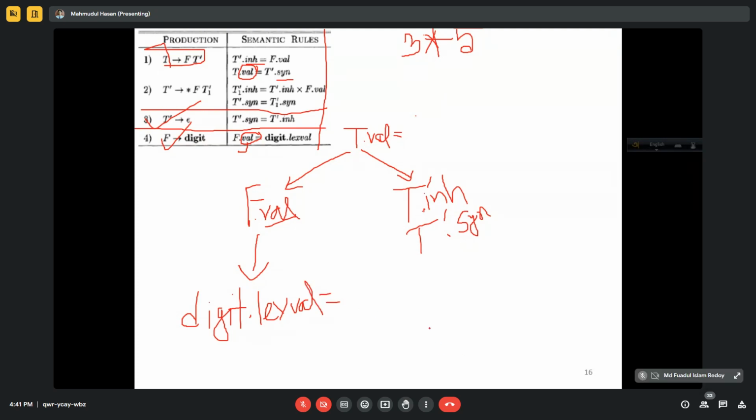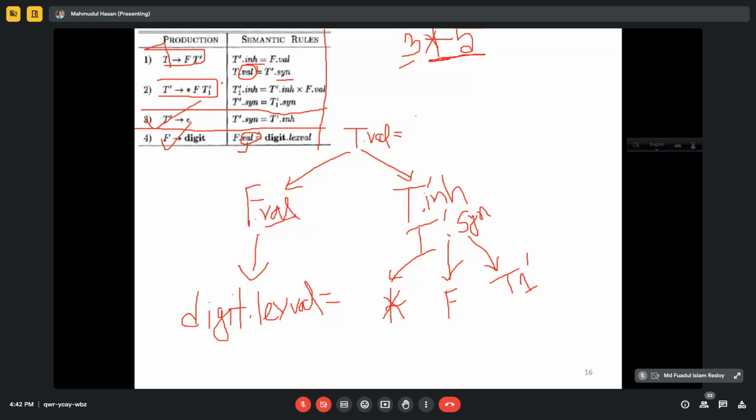Then which production rule do we need to perform? T dash to star F T1 dash. Because you get digit, now I need to bring star and 5. So this one is star, then F, T1 dash.